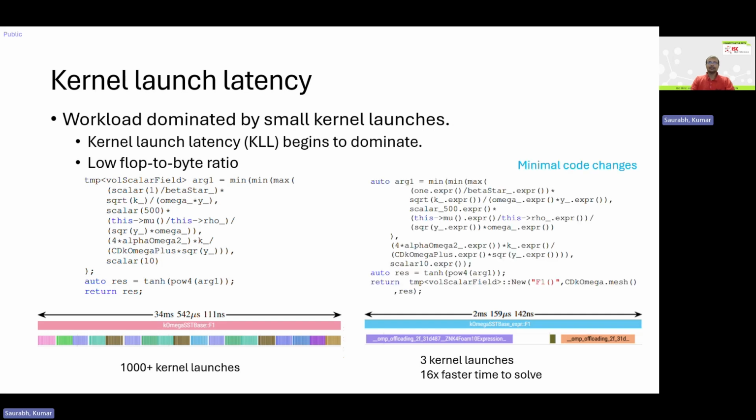More importantly, we are able to achieve this by making very minimal changes to the code. The difference between the left and right code is that we have just added .expr on the variables. With such minimal changes to the code, we are able to get such a significant speed up.